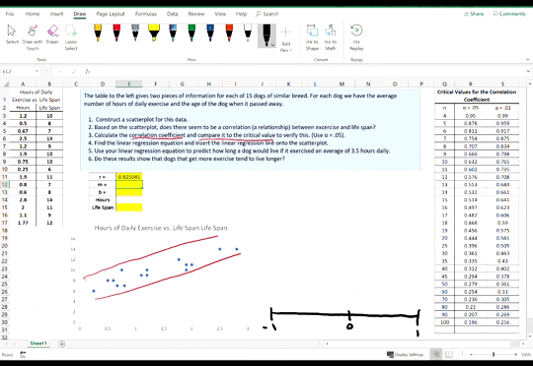When we compare the correlation coefficient, which is this 0.925, to the critical value, we're basically just asking a very simple yes/no question. Is there a relationship? Yes or no?